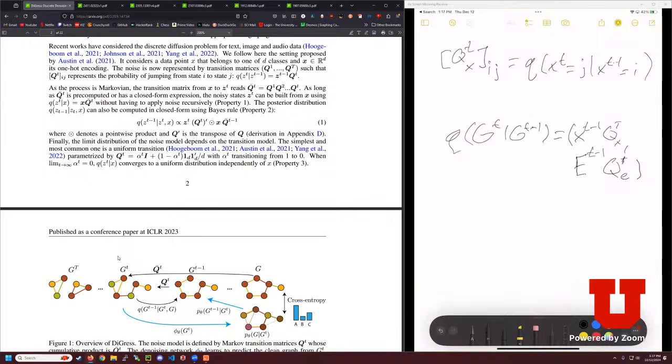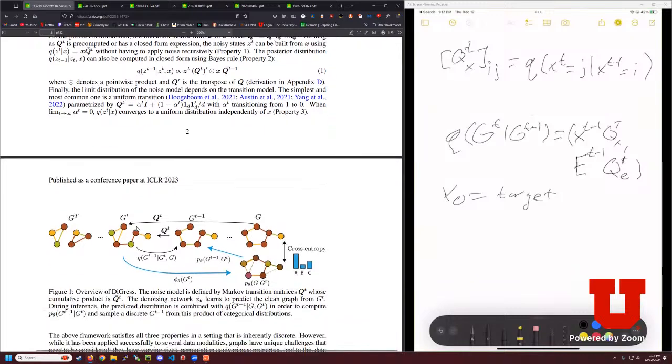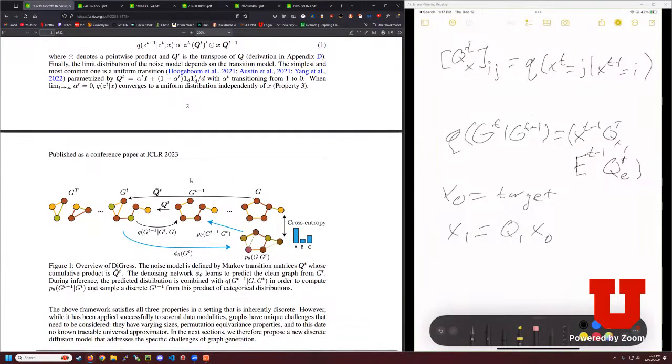Yeah, we assume x0 is equal to our target. Okay. And then every time you just randomly sample Q. Yeah, and so x1 is just equal to q1 x naught. I would say x1 is sampled from, yes, so this would be a Q1 conditional on x0, right? Mhm.